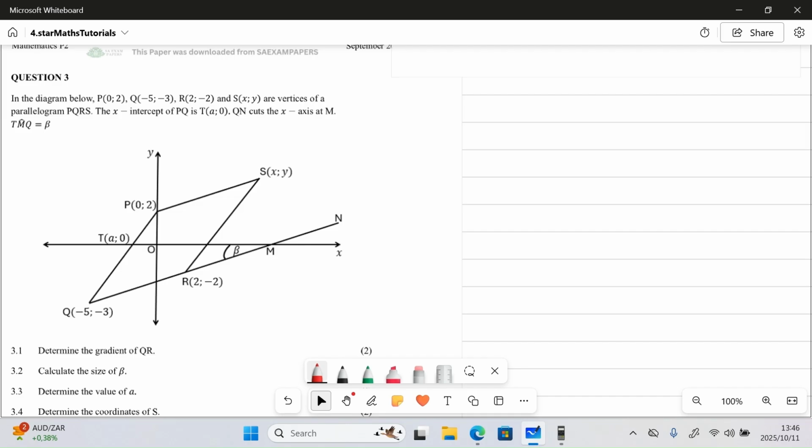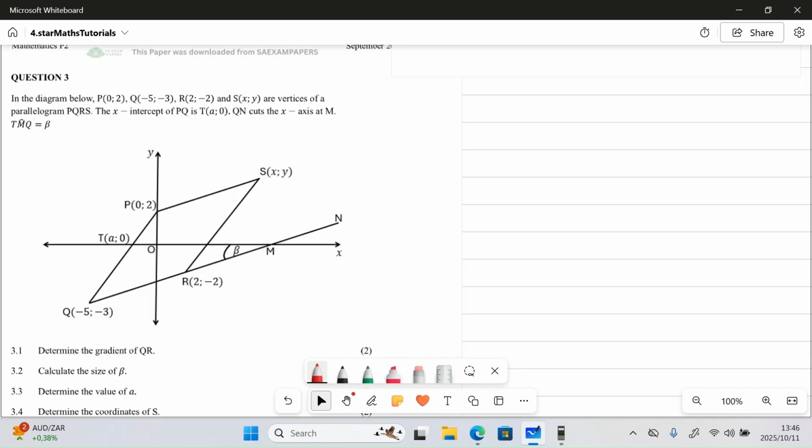We must know how to use the gradient formula. Obviously, we use it to calculate the gradient between the 2 points. If I'm given the gradient, I can also use it. If we are told that two lines are parallel, we know that they are going to have equal gradients. If we have points on the same straight line, collinear points, it means that they have the same gradient.